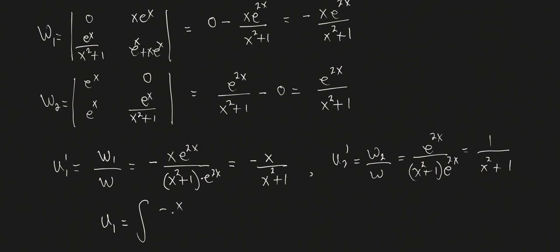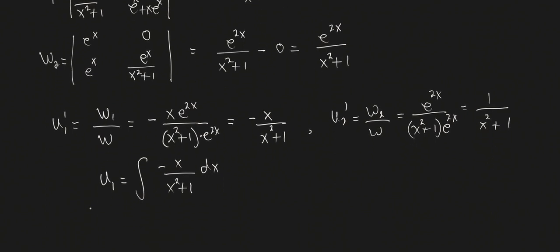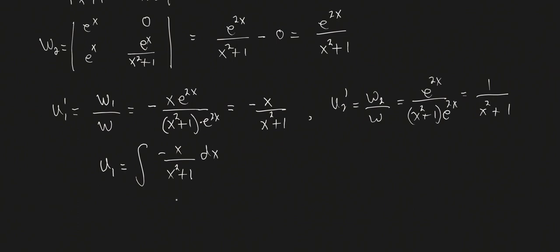Now the way this one can be evaluated is by a substitution. Now I'm not going to use u, I'm going to use a different letter. Let me use t for this. So if I let t be equal to the denominator, x squared plus 1, then dt is equal to 2x dx. I don't have a negative here, and I don't have a 2 here, but I can fix that.